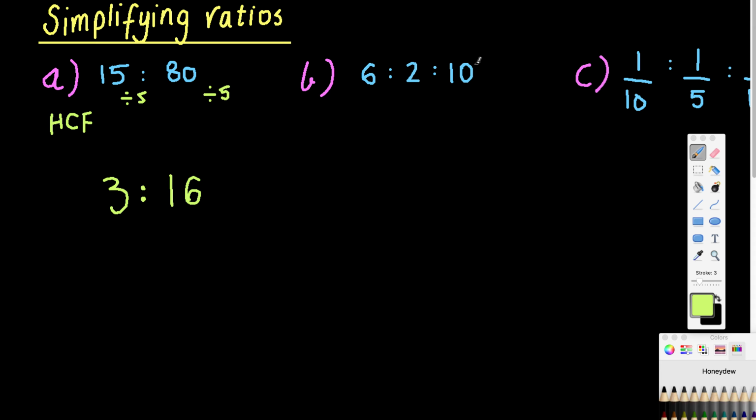Sometimes you can have 3 numbers in your ratio or more. So when you are simplifying with these, you want to look for a common factor, obviously the highest as well, but the highest common factor that goes into all 3. So look at your smaller ones, because your smaller ones don't have as many factors. Of course, 2 is prime, so its only factors are 2 and 1. So what you want to do is consider, does 2 go into 6 and does it go into 10?